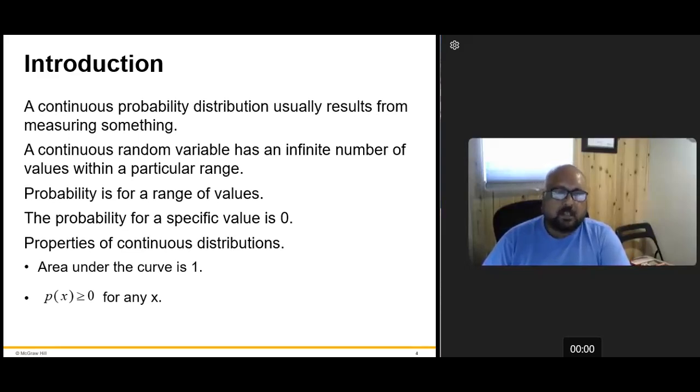Discrete probability distribution includes counting of numbers, where the numbers are not too many and we can count them easily. When we are able to do that in any distribution, we call it a discrete probability distribution. In continuous probability distribution, we have a very large number of values within a range, so it is practically impossible to count all those.